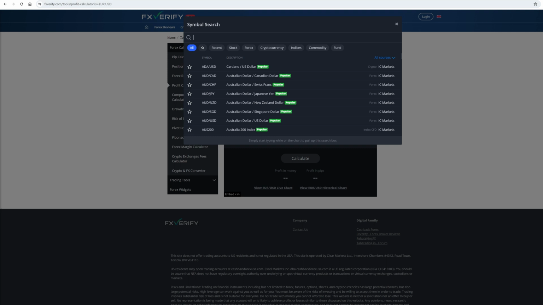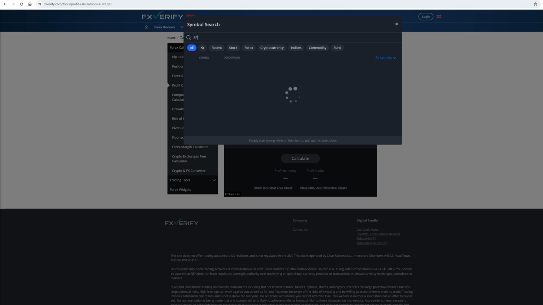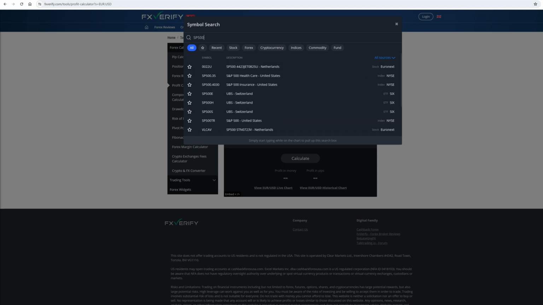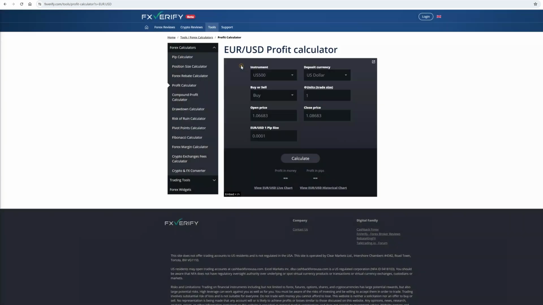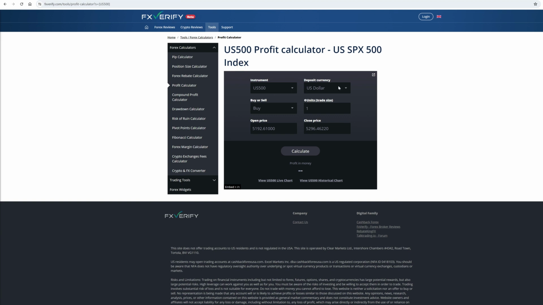So let's take, for example, if we are trading the S&P 500. If you search SPX, for example, you have a cash index over here. Okay, the same idea.